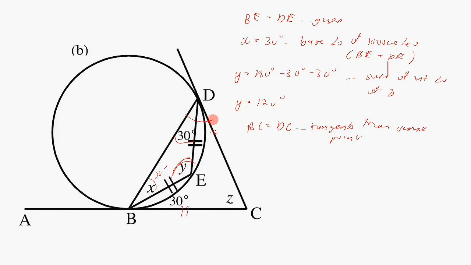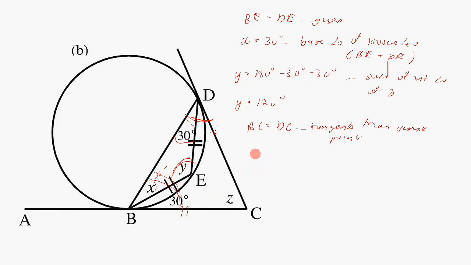So if BC is equal to DC, what do we know? That means this angle here will be equal to the whole of this angle. But then what do we have here? We already have 30 degrees here, and then with this 30 degrees, that will give us 60 degrees here. So if we have 60 degrees, and then we also have 60 degrees there, what will be the angle here?